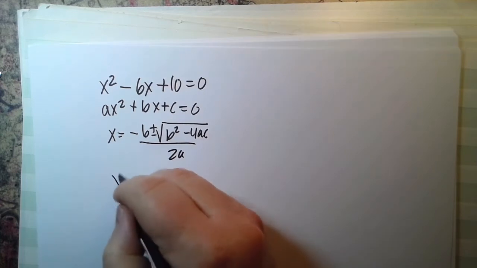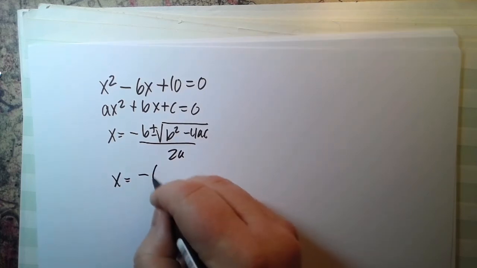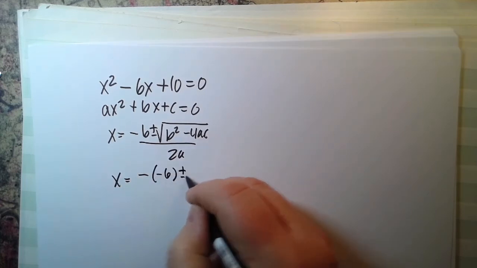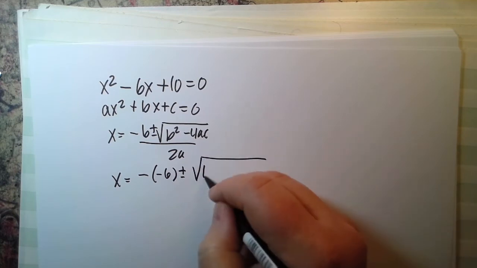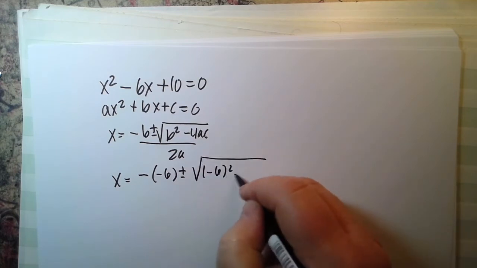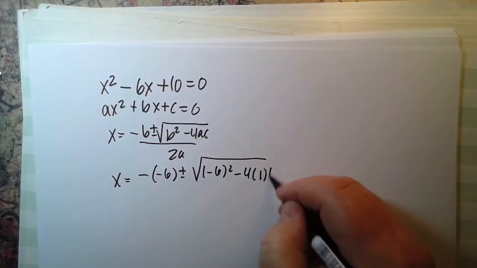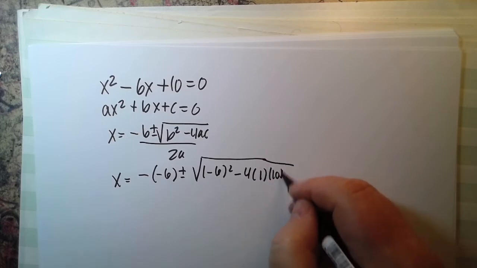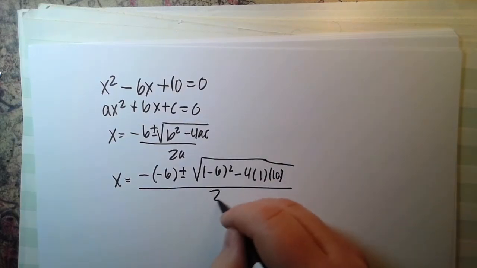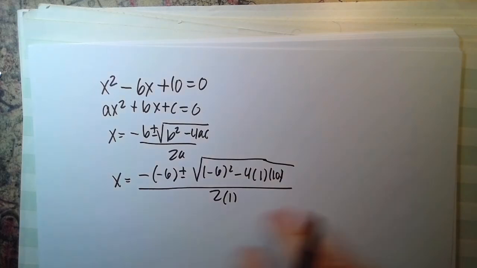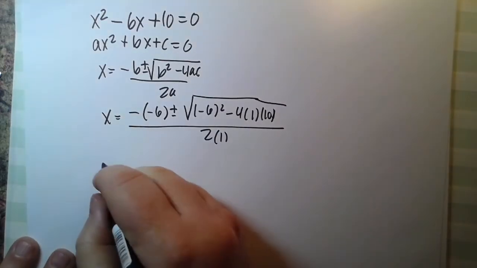2a. So in this case, this would be minus -6 plus or minus the square root of -6 squared minus 4ac all over 2a. Alright, so now what I could do is I could simplify that.